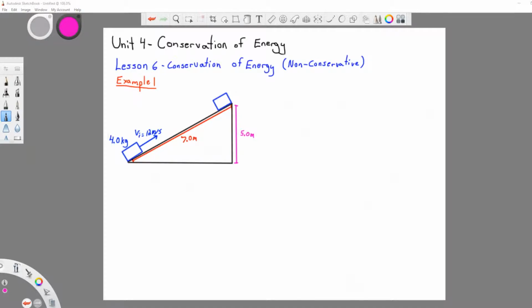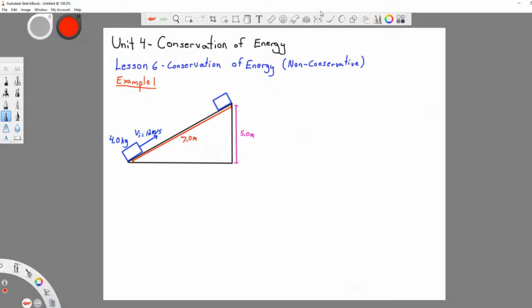Okay, so if you look in your books, we have a new twist to our formula. Really, it's not going to be too complicated. It's basically what we were doing in lesson 5, except we're now adding a component of work to our equations.